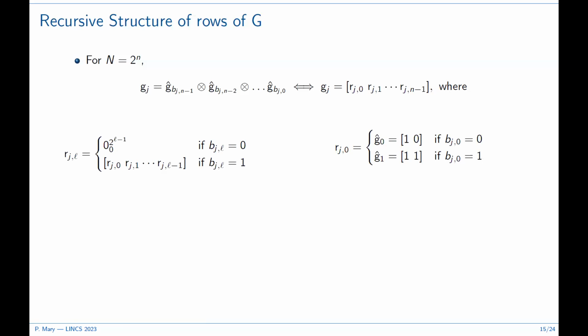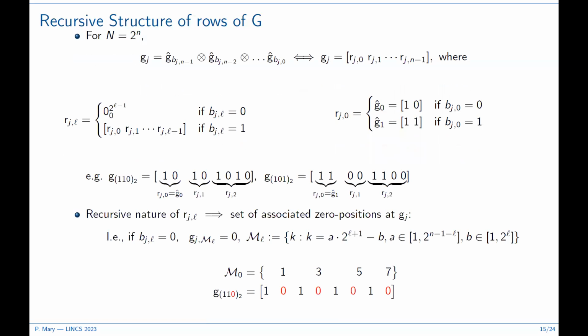So this is a particular structure of the polarization matrix. For instance, if we take G6, B60 is equal to 0, so it is 10 here. B61 is 1, so RG1 is the previous subvector. B62 is 1, so RG2 is a repetition of this.